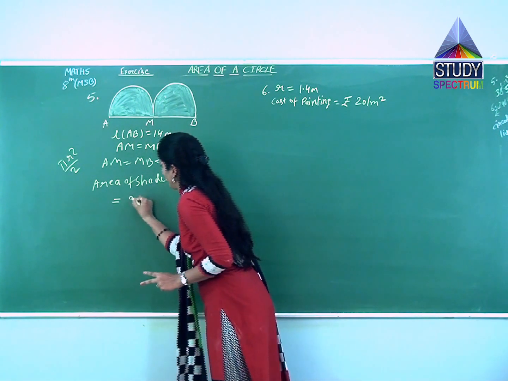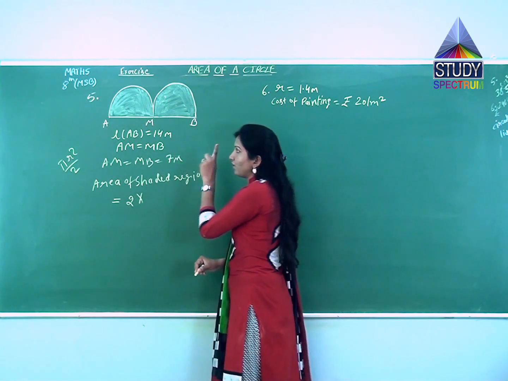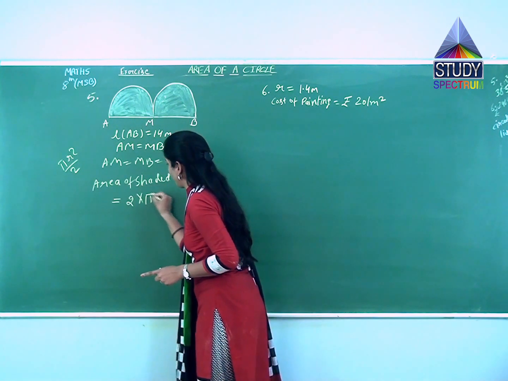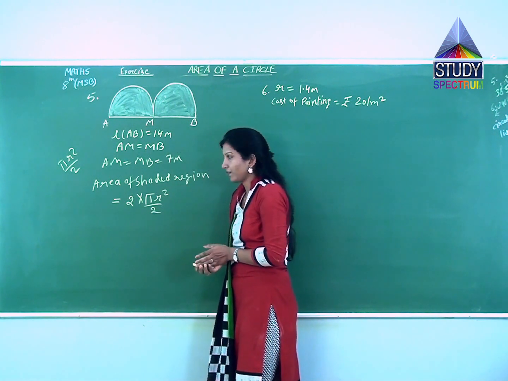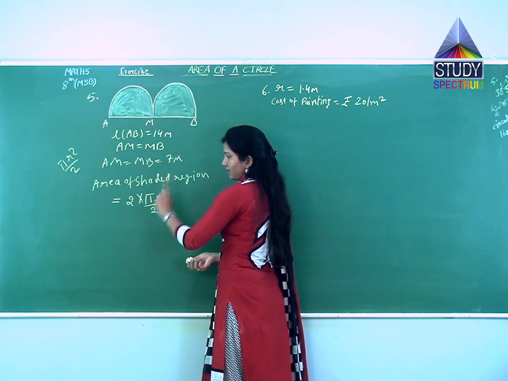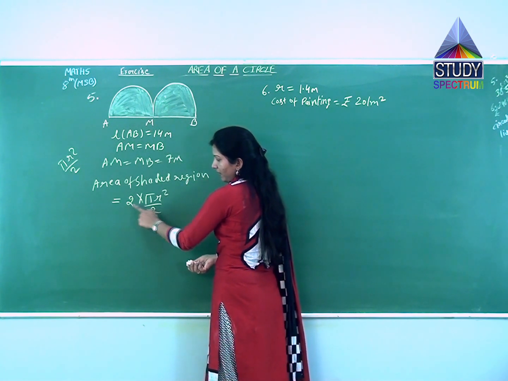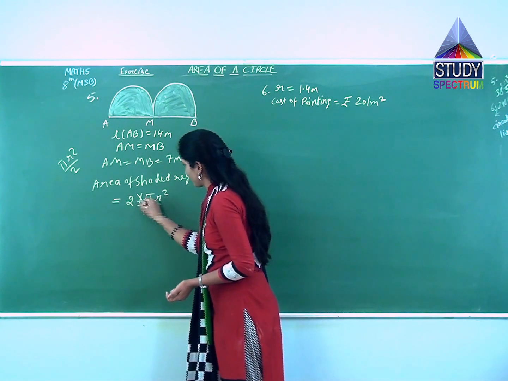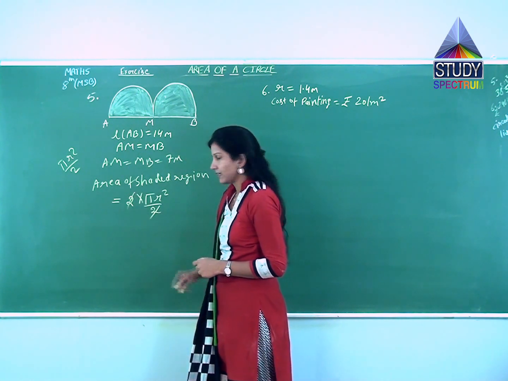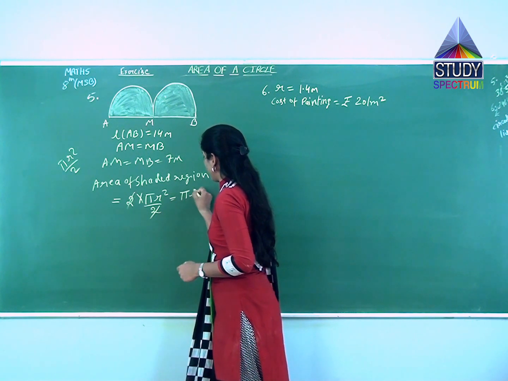So 2 into the area of one semicircle, that is pi r square upon 2, because we have to find the area of two semicircles. Now this 2 and this 2 will be cancelled. What we get? Pi r square.